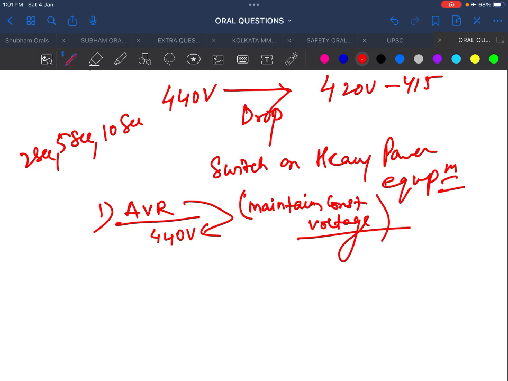So that is the main purpose, and if there is a transient dip, the AVR has to compensate that dip as soon as possible.